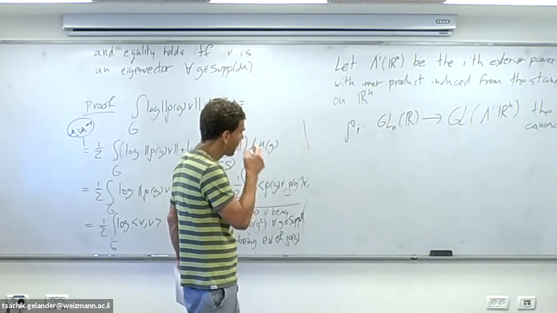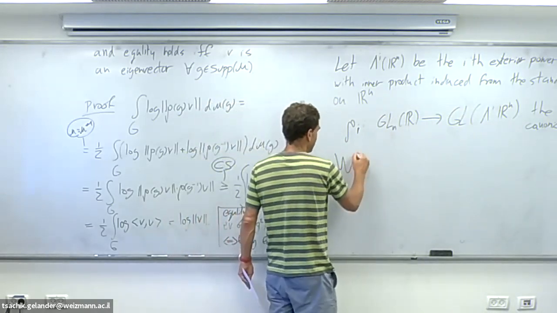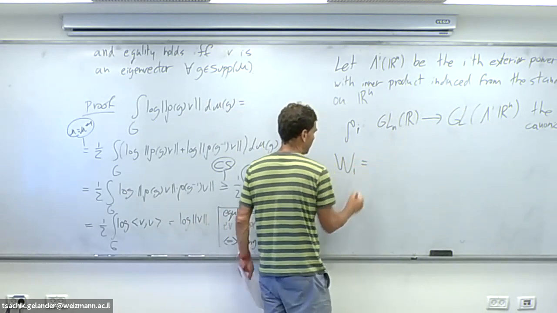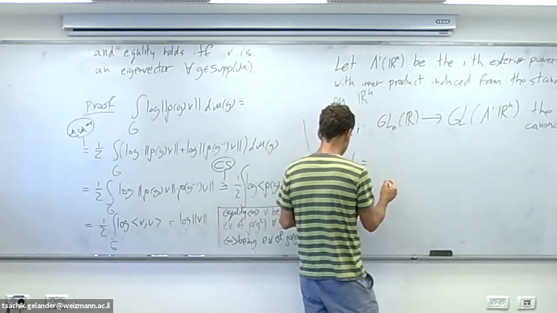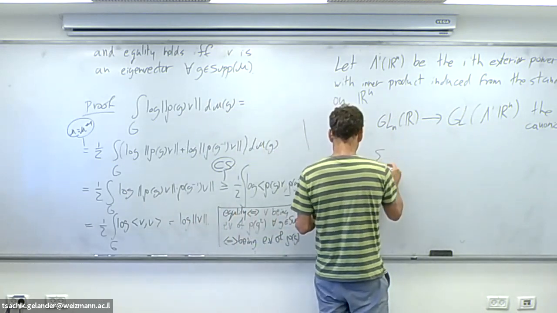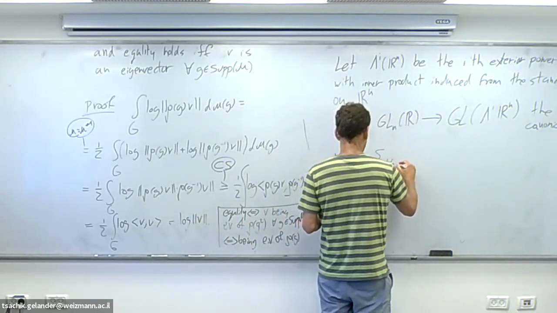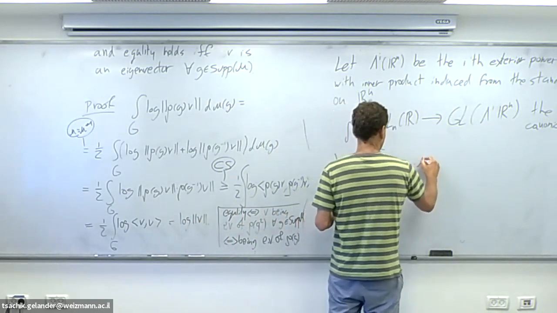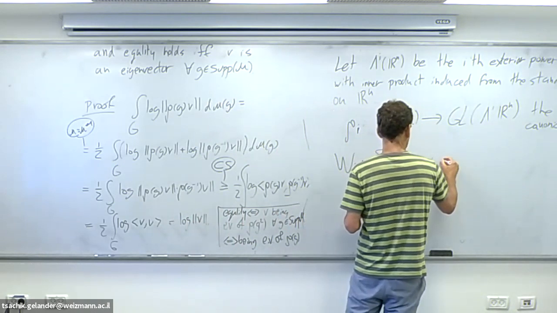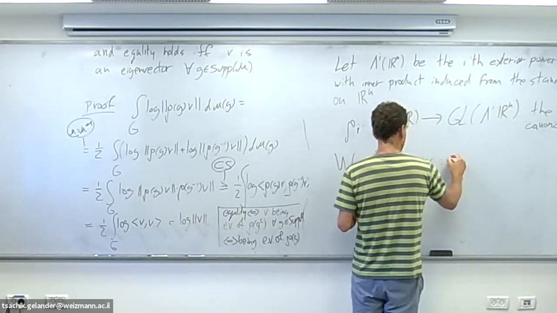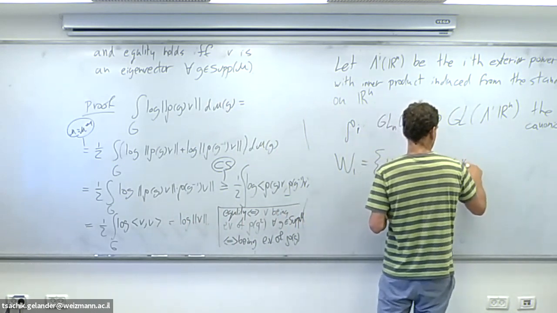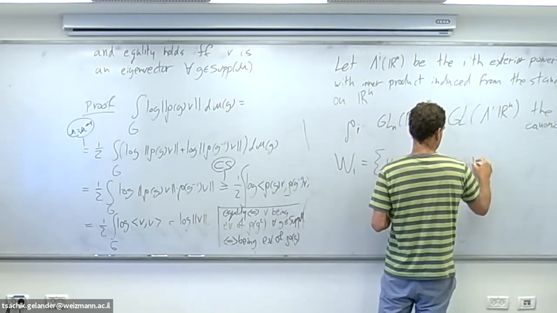And we denote by W_i the set of all vectors of the form v1 wedge through vi such that v1 through vi are independent.